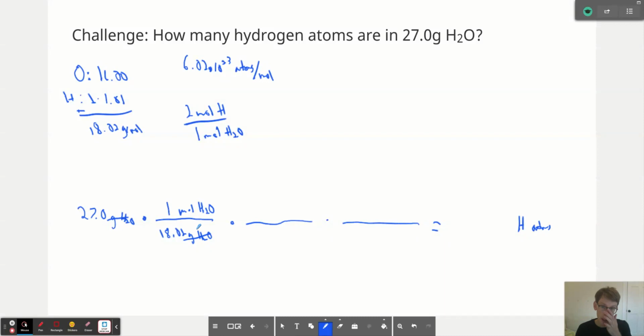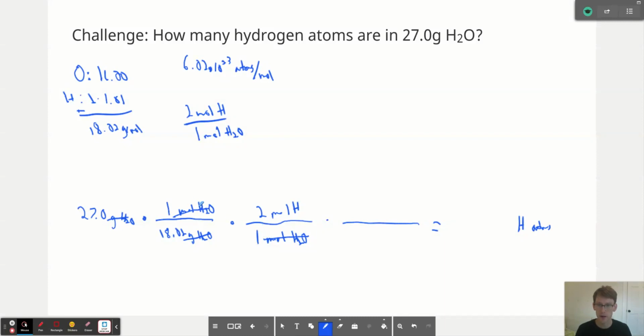I'm being very, very deliberate with my units, like even labeling H2O. In many cases, it might not seem to matter, but in cases like this, where it gets a little bit more complicated, this can actually help you out. For example, I'm going to now use this next conversion factor, 2 moles of H for every 1 mole of H2O. If I don't write out hydrogen and water, I don't necessarily see this canceling out.